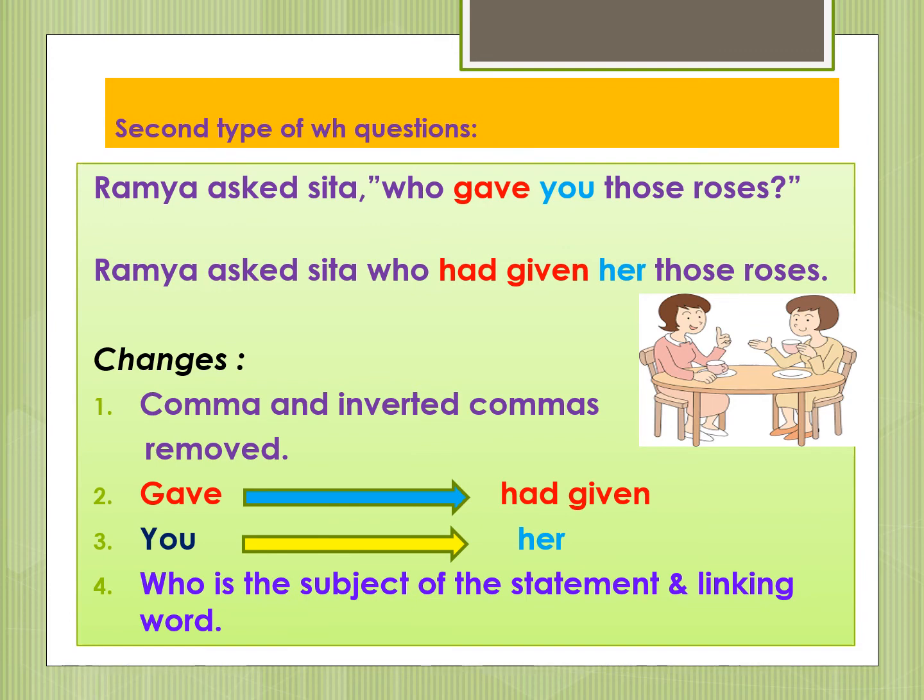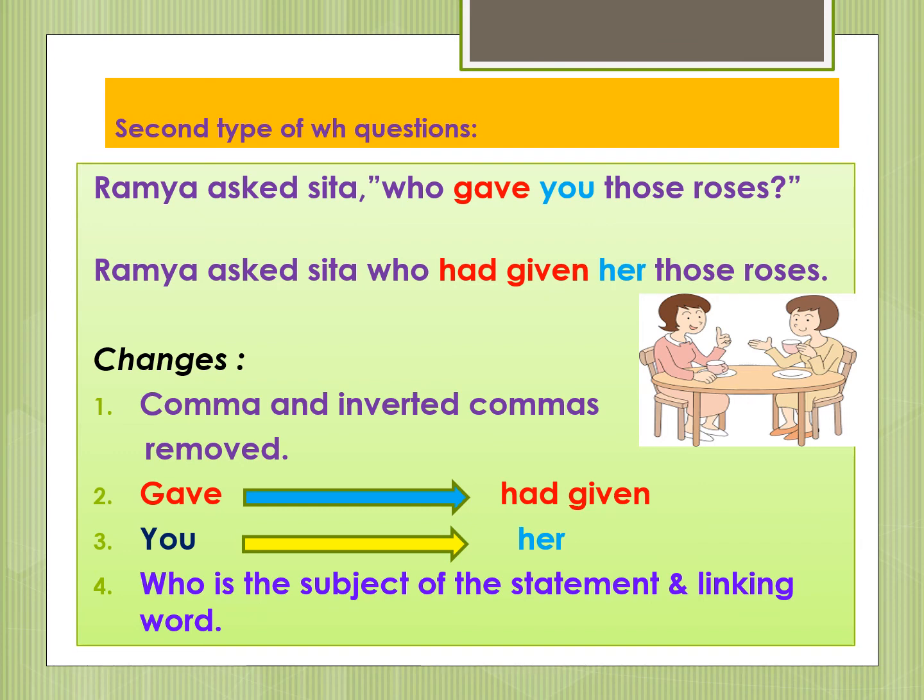And the question, "who gave you those roses?" is changed to a statement: who had given her those roses. In this statement, the question word who is the subject of the statement, and it is also acting as a link word.